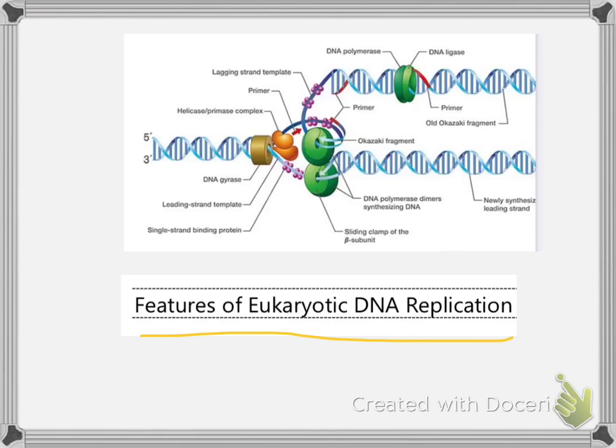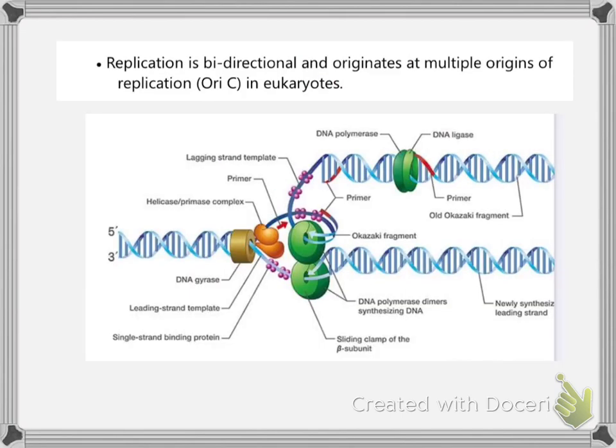The first feature: replication is bidirectional and originates at multiple origins of replication, known as origin, in eukaryotes. That is, the site at which the replication starts is known as origin or origin of replication.